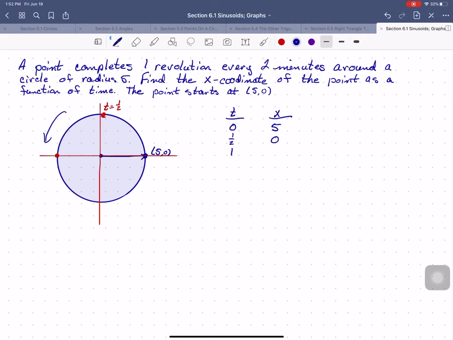At 1 minute, my point is on the other side of my circle with an x-coordinate of -5. At 3/2 of a minute, my x-coordinate is again 0. And at 2 minutes, we're back at 5, which is what we expect because the thing completes 1 rotation every 2 minutes.